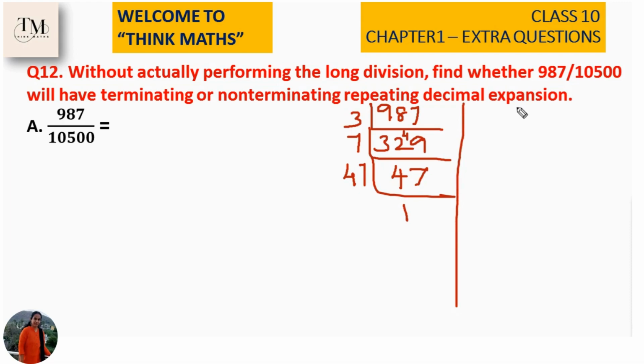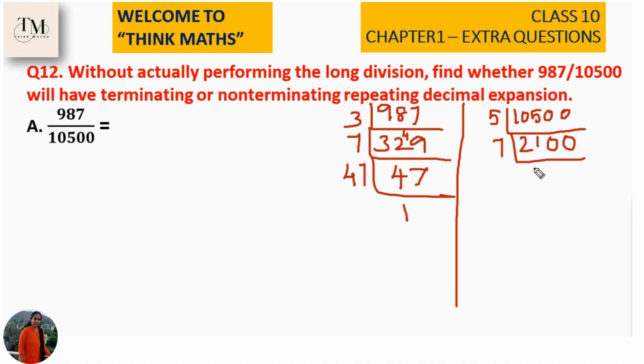So next is the denominator 10500. Let me take 5. 5 2s are 10. 1 5s are 5. Then 2 1 0 0. This 21 is divisible by 7.